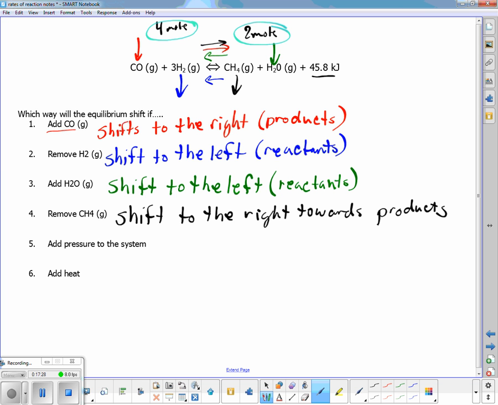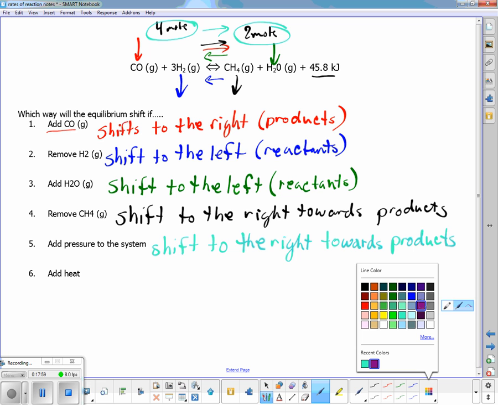I'm hearing lots of words, but I can't see it. Towards the least amount of moles of gas. So the higher the pressure, I go to the smaller amount of moles of gas. The less the pressure, go to more moles of gas. So this one's going to be shift to the right toward products.